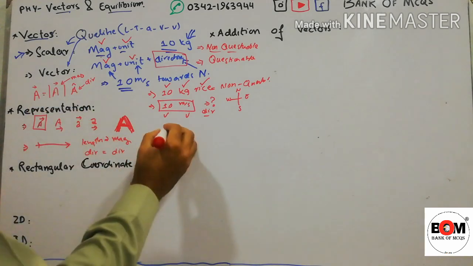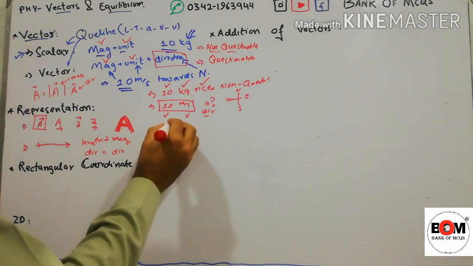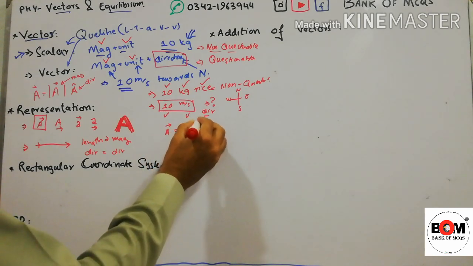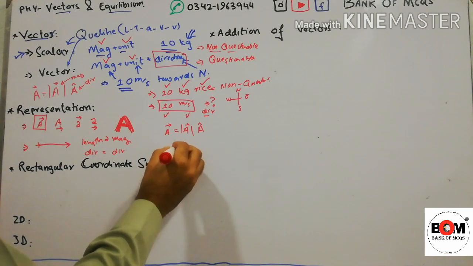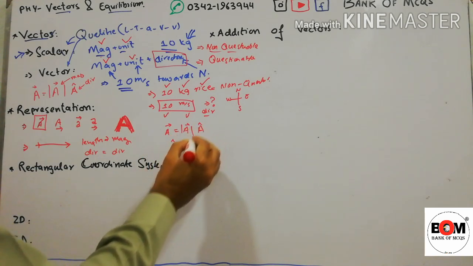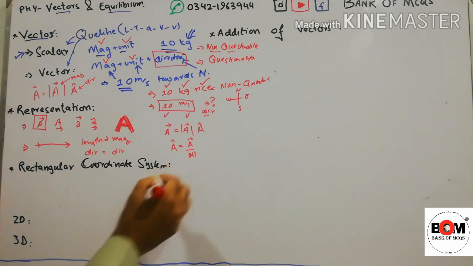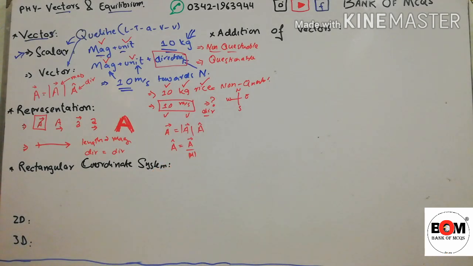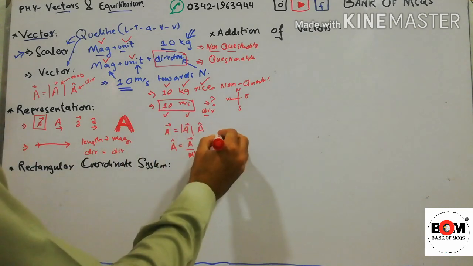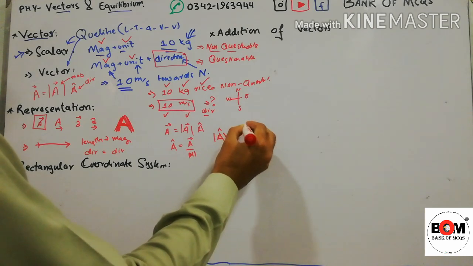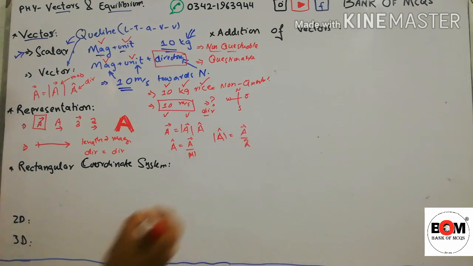Now you can write the equation: the vector is equal to magnitude times direction. Or simply, for magnitude we can also write that A magnitude is equal to A vector divided by A cap, or A direction.